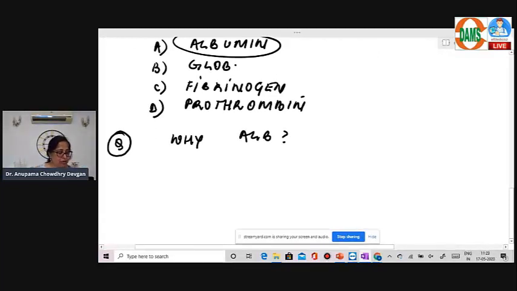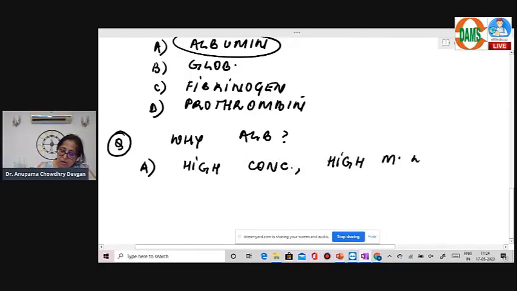Yes, Gayatri, absolutely right. Colloid osmotic pressure is a part of the total plasma osmotic pressure. Why does albumin contribute maximum to colloid osmotic pressure? Is it because it has a high concentration and a high molecular weight? Please remember, in this particular question, we are comparing the proteins.